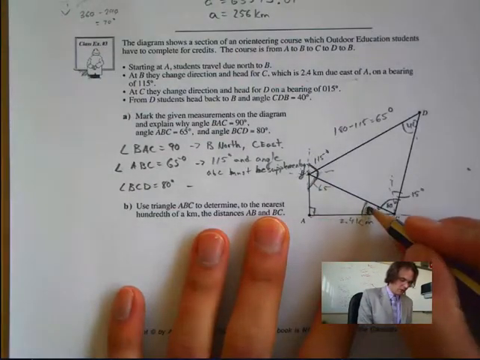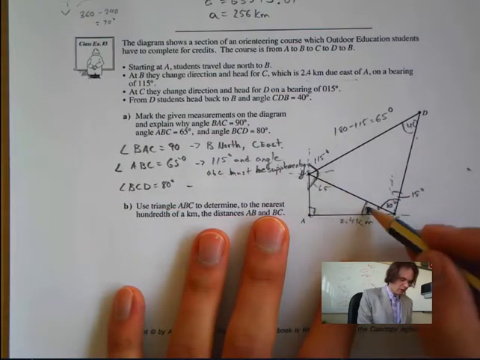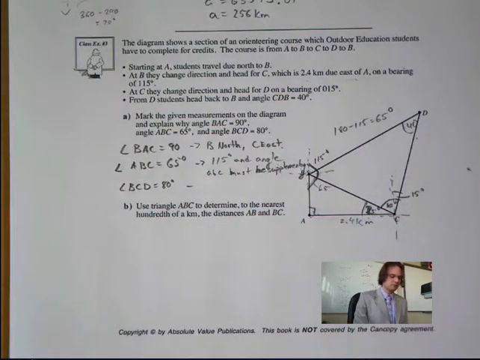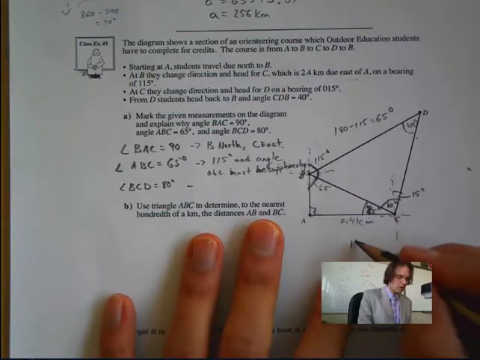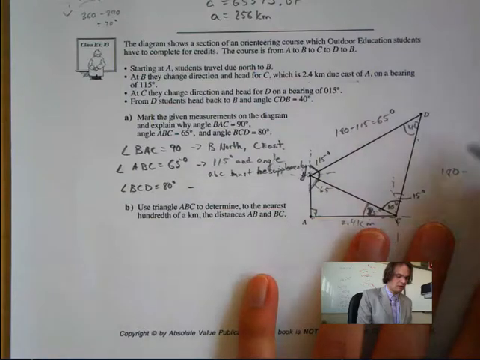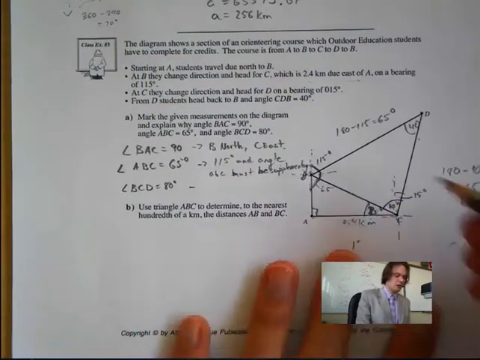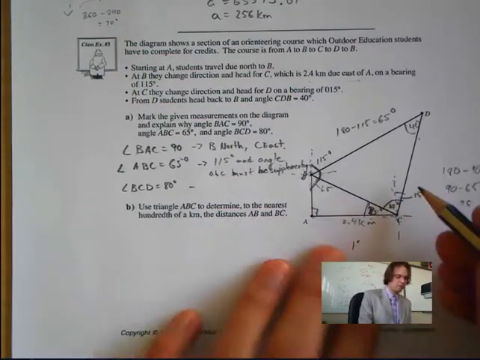Sorry, this is 15 degrees, I believe. No, it's 25, okay? Because we go 180 minus 65 minus 90, which is 90 minus 65, is 25. So this is 25 degrees, and we have 80 degrees there, and we have 15 degrees here.